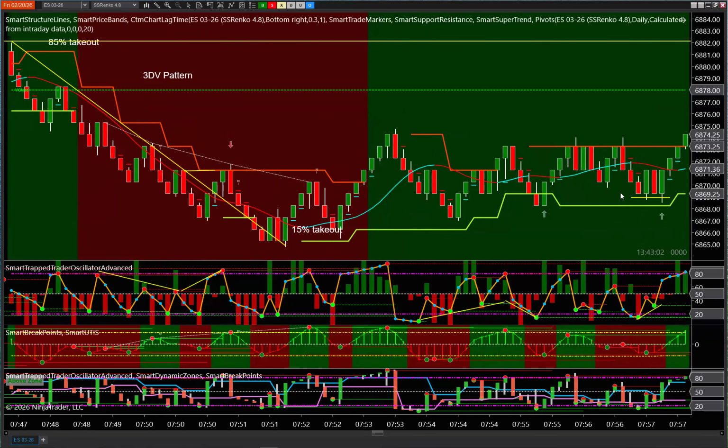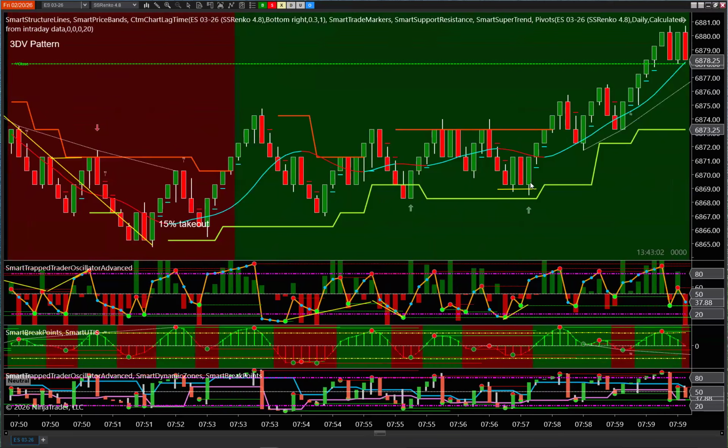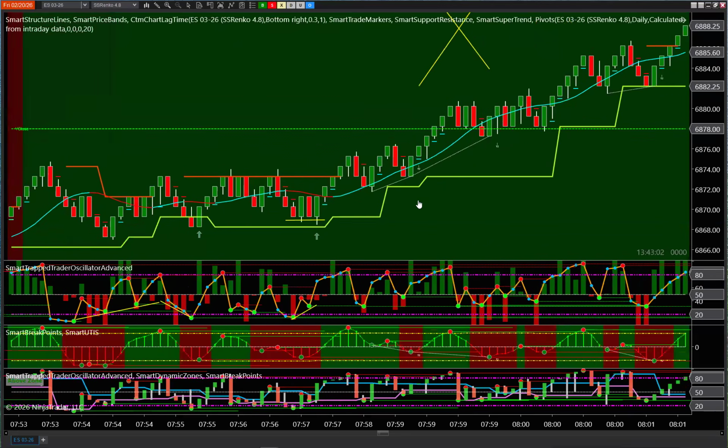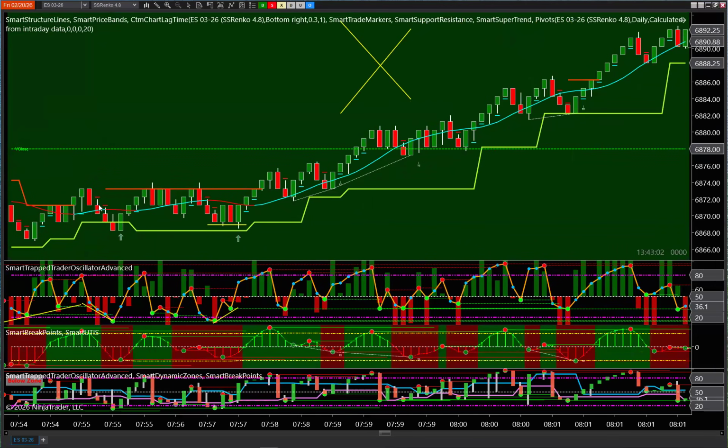Here we have just another Batman, another winning Batman. And we head up and we take out that structure reference. So when you see the background turn green, you can just start looking at stuff to get picked off going up.